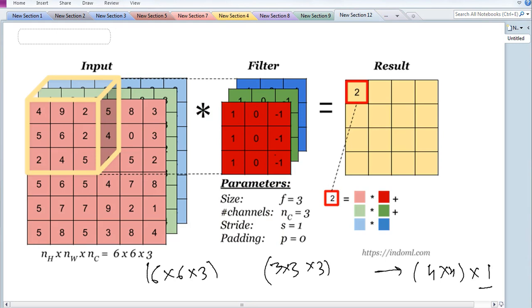So if you take this filter and put it at the left corner of the input image, all these 27 elements convolve into one value, which is 2.